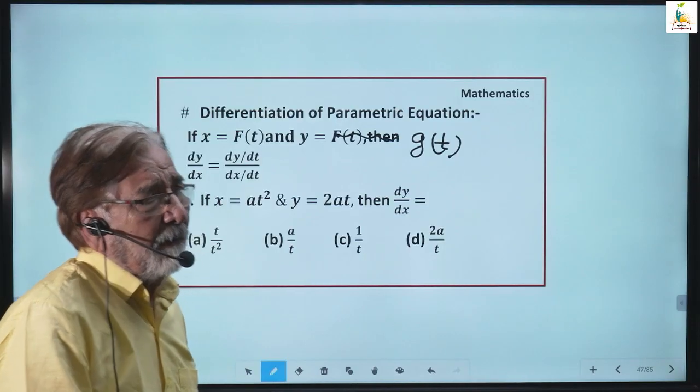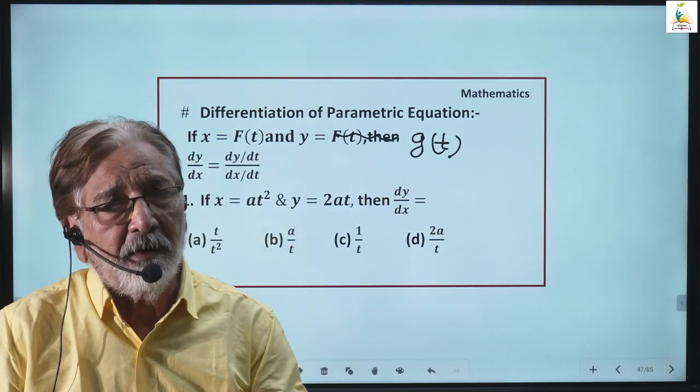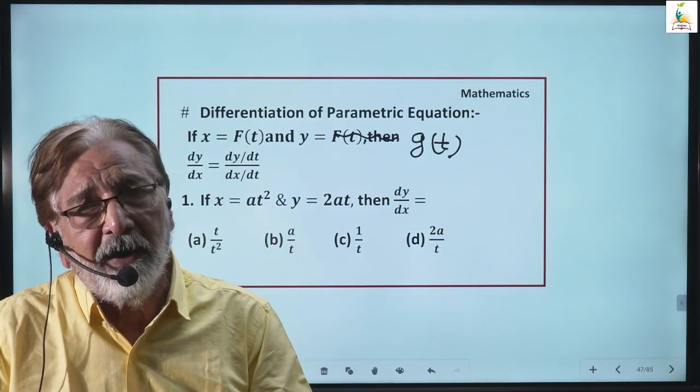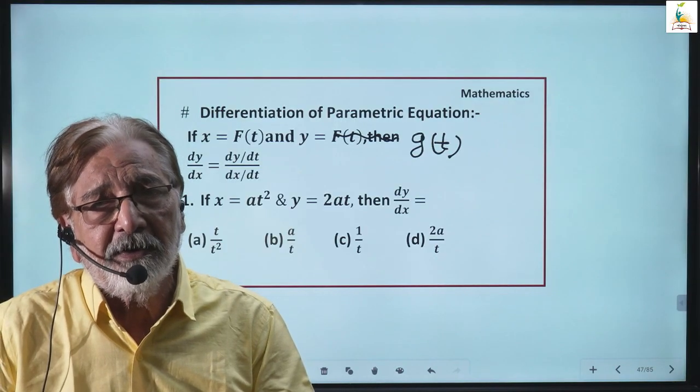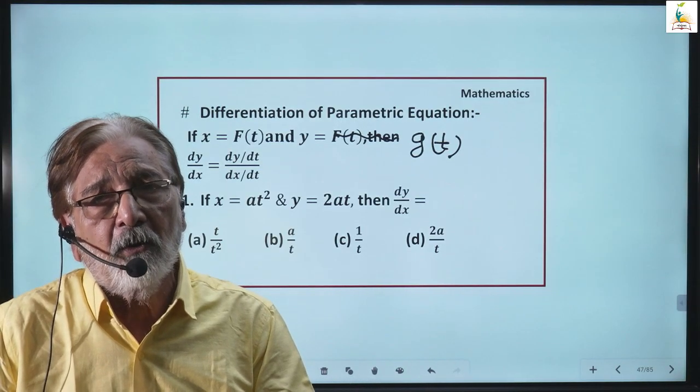The differentiation of the parametric function is very important as far as higher mathematics is concerned and in coordinate geometry also.